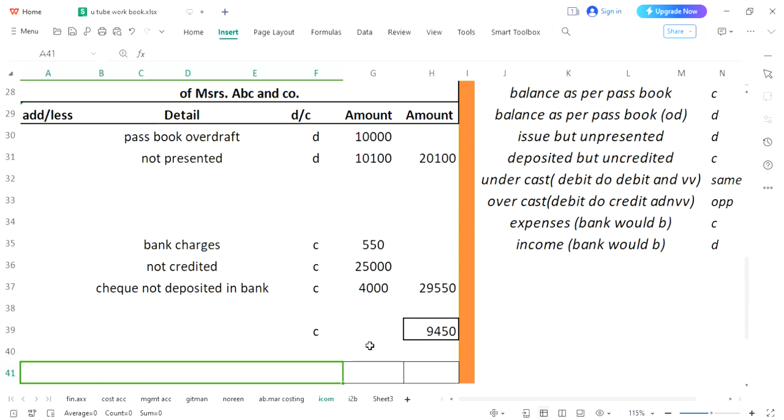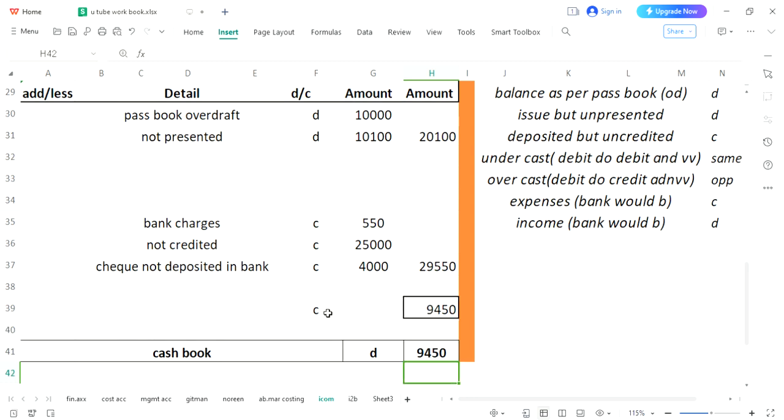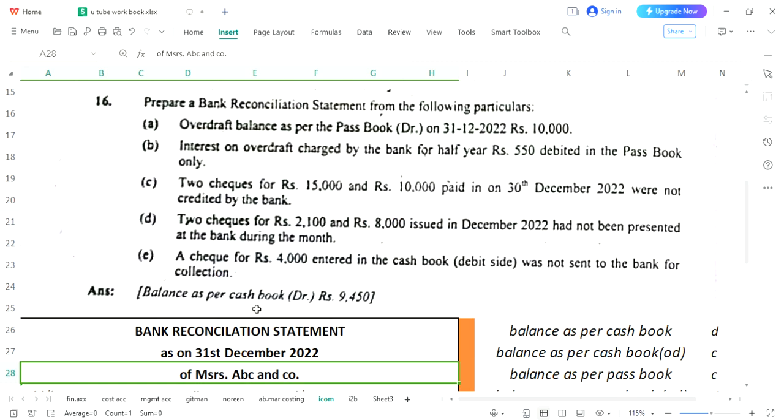Alright guys, now it's time to put the answer. We started this question with passbook, and here we will write the opposite, cash book. Our answer was credit, but we will post the opposite, debit, and here you will put the amount. So in this way, cash book debit 9,450.